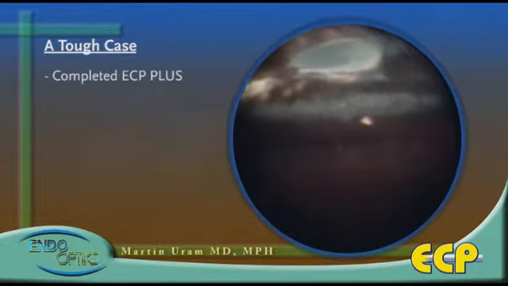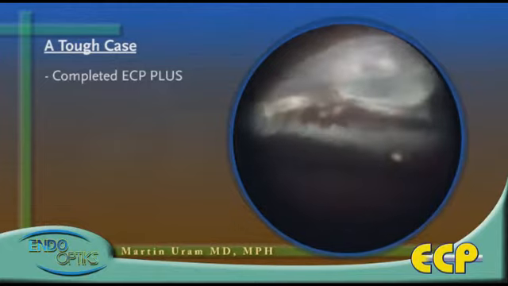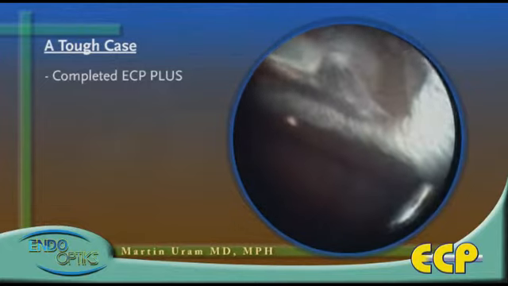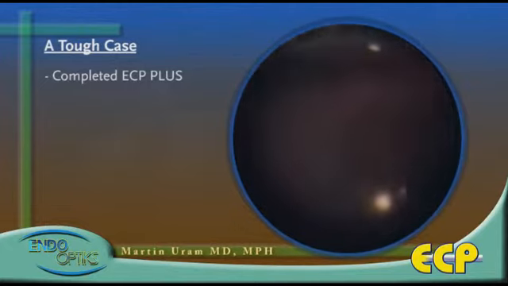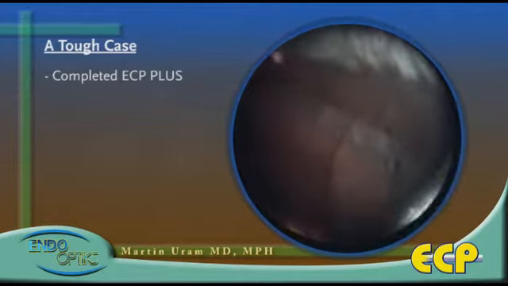So now we have a panoramic view of this uniformly whitened ciliary ring without any untoward effect. Our next goal is to retrieve the lens optic.